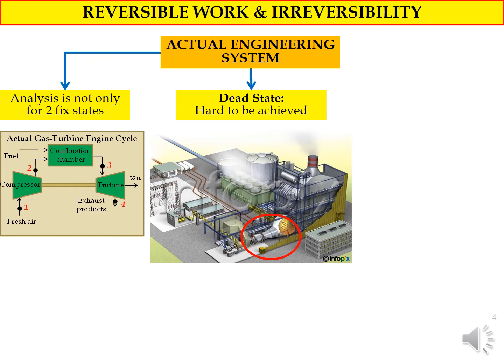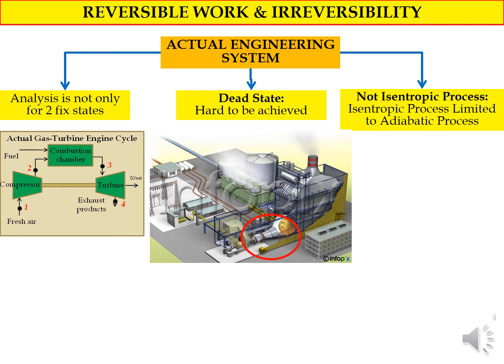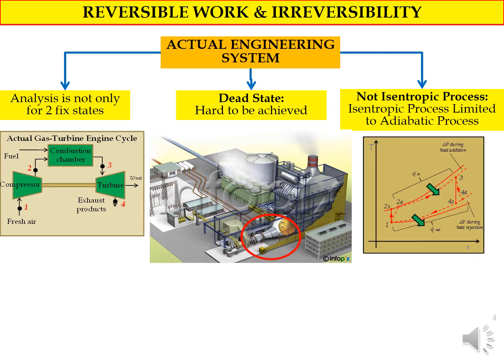As you can see here, this is an actual gas turbine engine cycle. We have 4 states, and the system will return back to state 1 before the cycle repeats. In addition, it's not an isentropic process. Isentropic process is limited to adiabatic process.